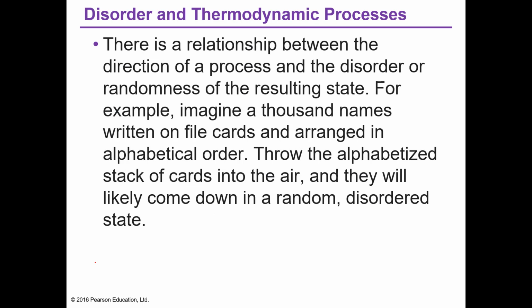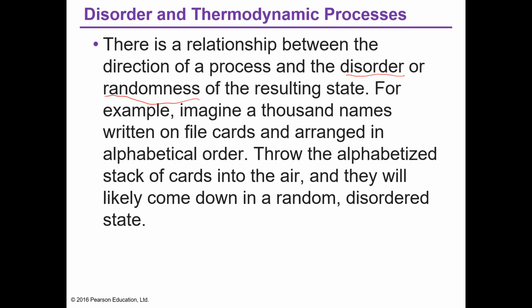Now, we have disorder in thermodynamic processes. There is a relationship between the direction of a process and the disorder. Take note, disorder, or call this the randomness of the resulting state.